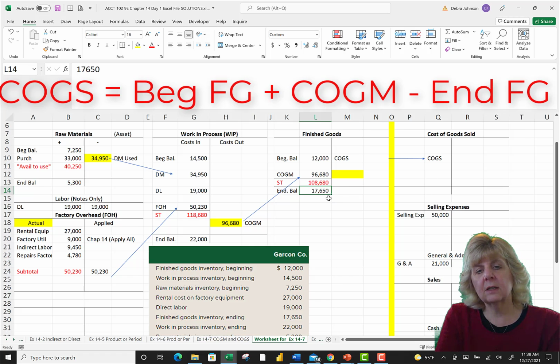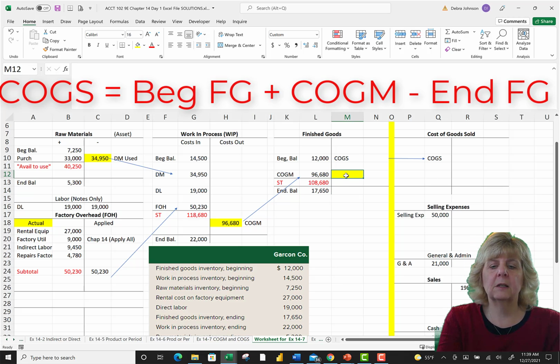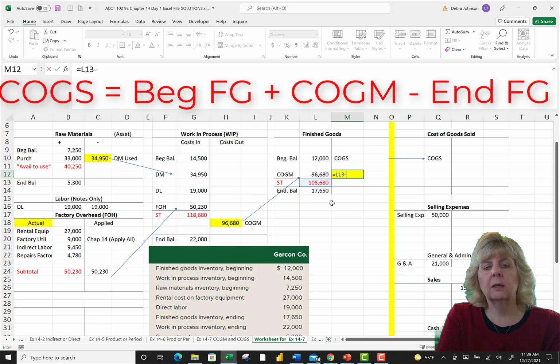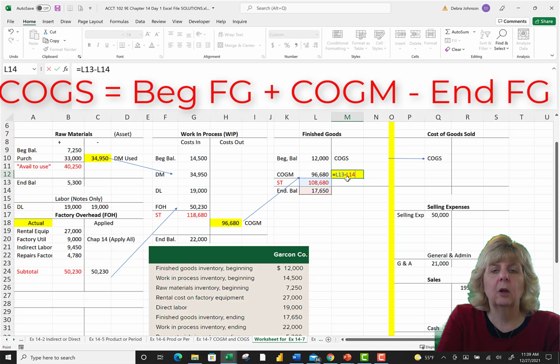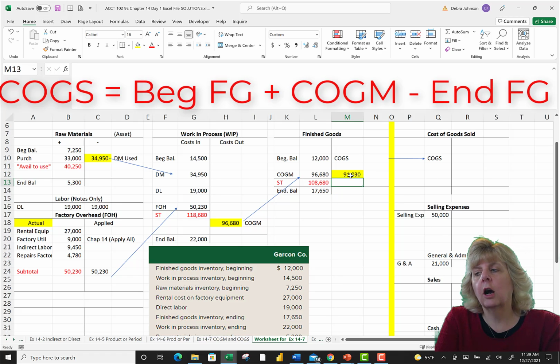There's still 17,650 hanging around in there. The difference between these two, let me go compute it, between the 108,680 and the 17,650, when I calculate the difference, we get cost of goods sold.